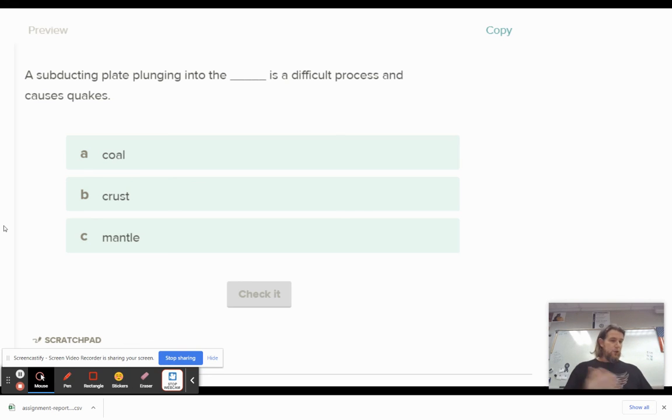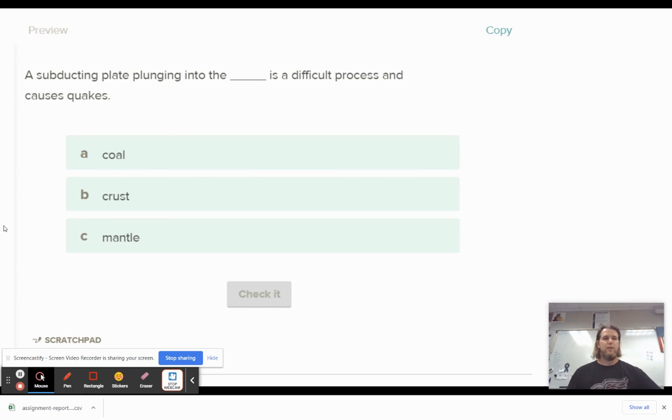So this one goes back to our plate tectonics. That's why I wanted to touch on it. A subducting plate plunging into the what is a difficult process, I like how they put it there, and causes quakes. So yes, one of the things we know, a subducting plate goes back down into the earth. What is it going back down into? Essentially that is what this question is saying.